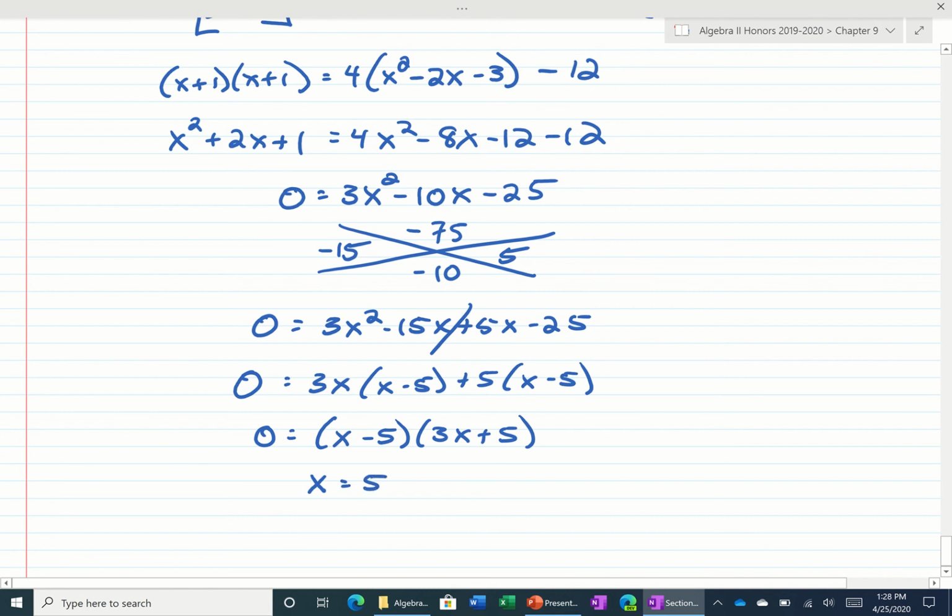We get x is equal to 5, and x would equal negative 5/3.